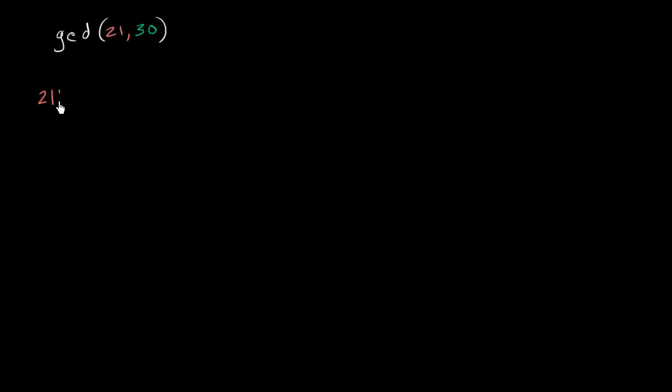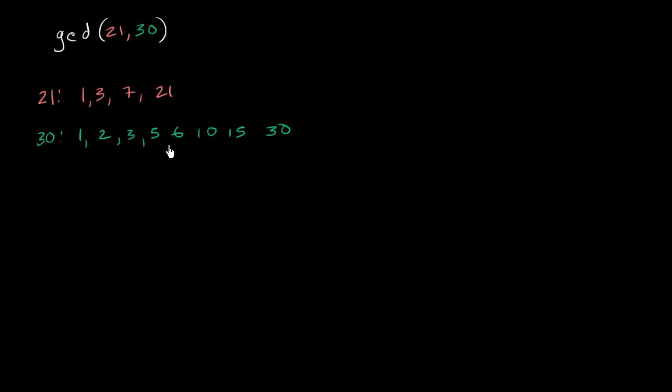So if I say 21, what are all the factors? Well, it's 1 and 21, and 3 and 7. And I think I've got all of them. And 30 can be written as 1 and 30, 2 and 15, 3 and 10, and 5 and 6.